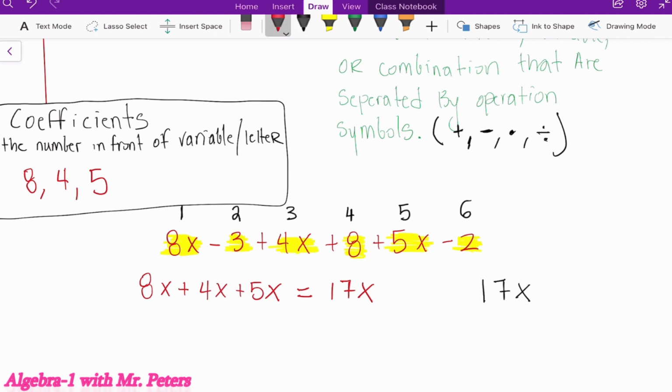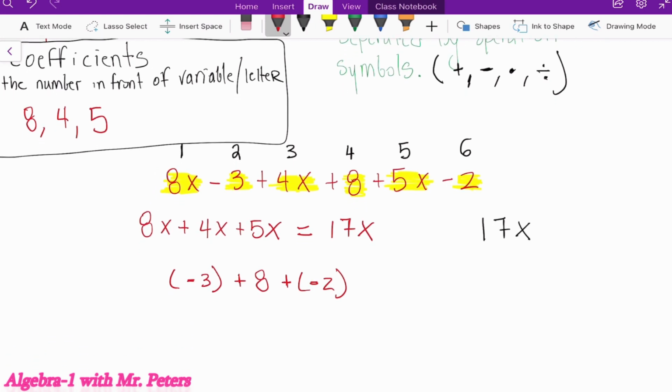And then now we're going to go back and we're going to combine our other like terms, which are the constants, numbers with no variable. So the first number is -3, right? So let's put that in parentheses, plus 8 plus a -2. So the sign in front of the number lets you know whether you're adding or you're subtracting it. And that's the same thing as a positive or negative number.